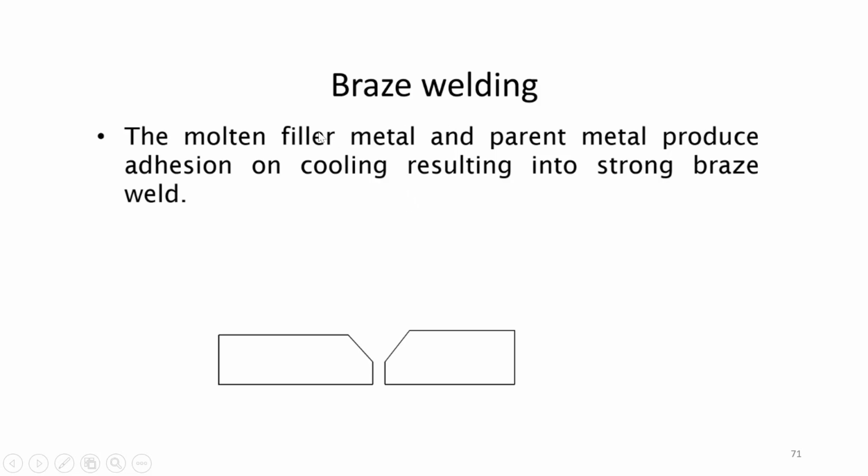Now, in case of braze welding, the molten filler metal and parent metal produce adhesion on cooling, resulting in a strong braze weld. So this is the type of joint that is required.